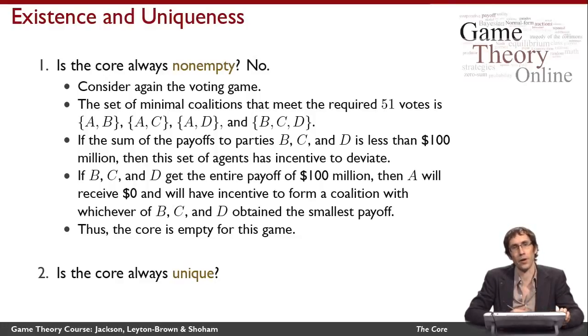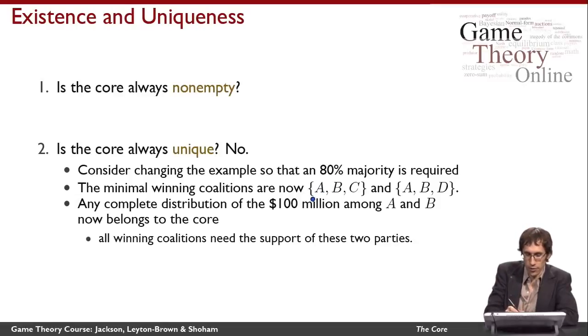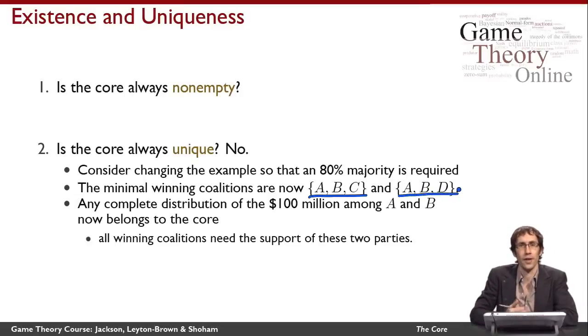The second thing we might wonder is, in cases where the core is not empty, is it unique? And again, here the news is bad, because no, the core is not always unique. So now let's consider changing the voting game so that we require an 80% majority instead of a 51% majority. It's now the case that the winning coalitions are these two coalitions. These are the only coalitions that are able to obtain 80% majorities, or the only minimal coalitions.